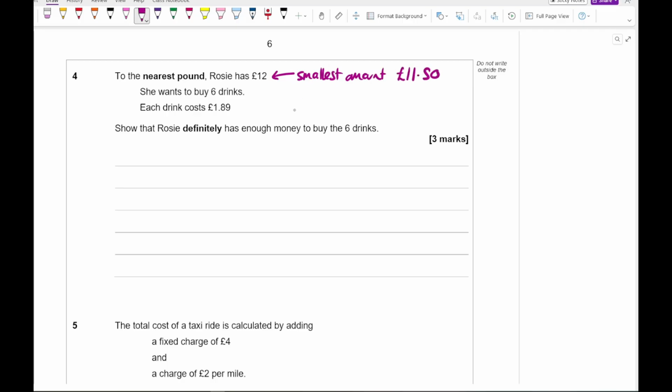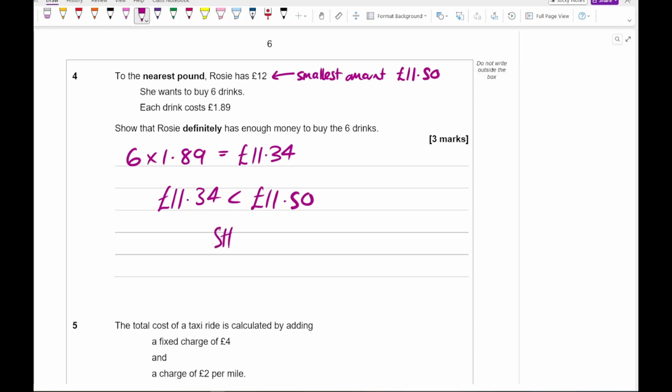So if we do 6 multiplied by 1.89, then we get a value of £11.34. So as £11.34 is smaller than £11.50, she has enough.